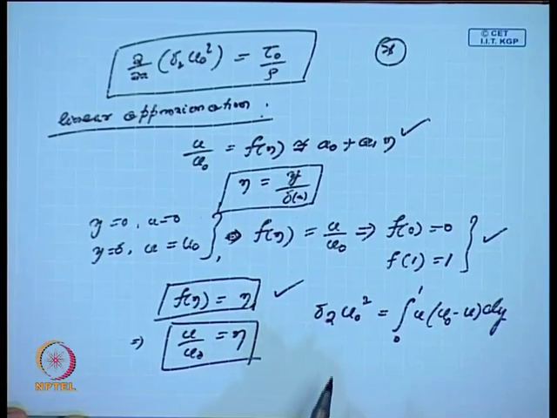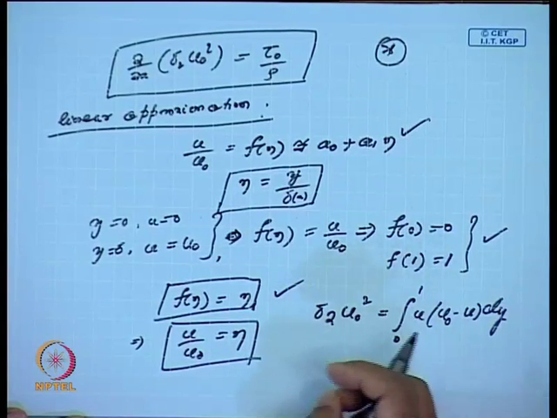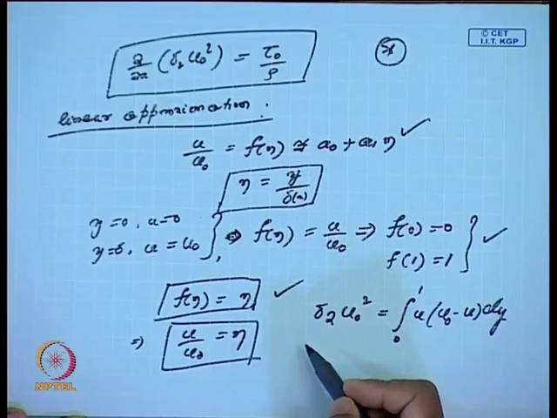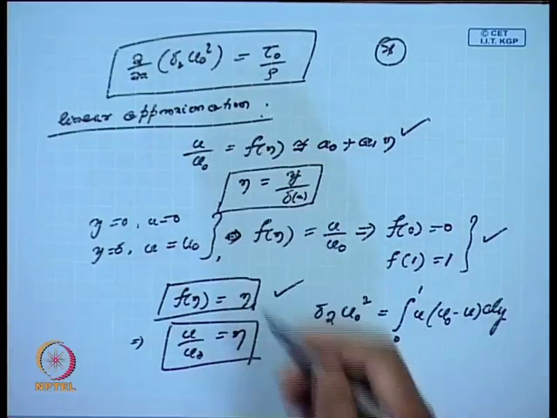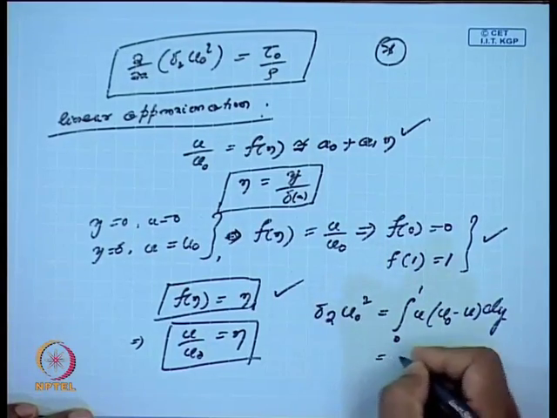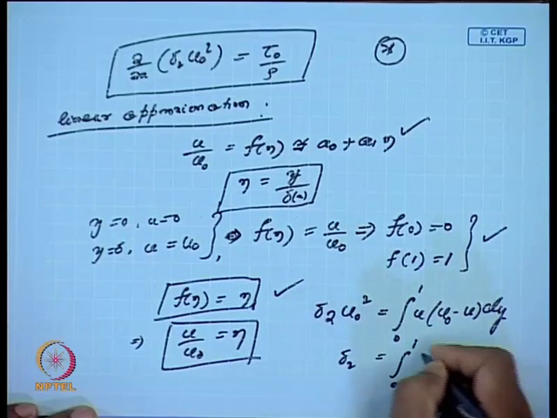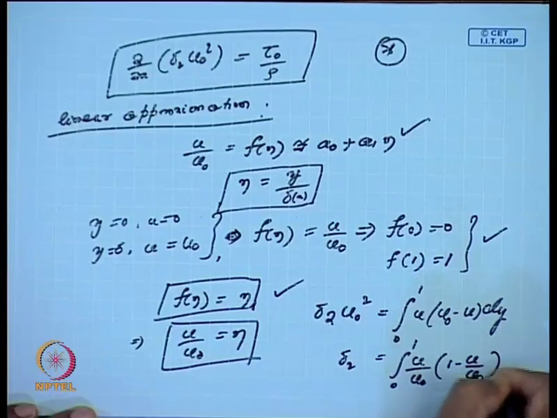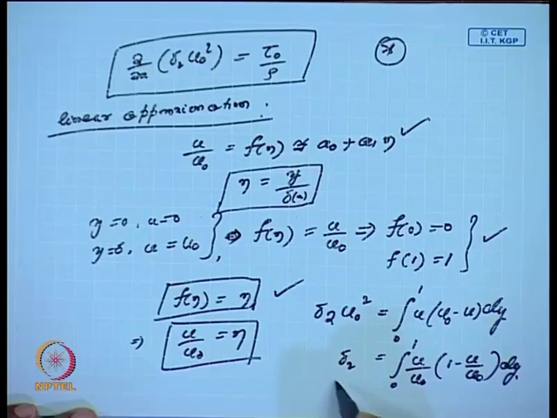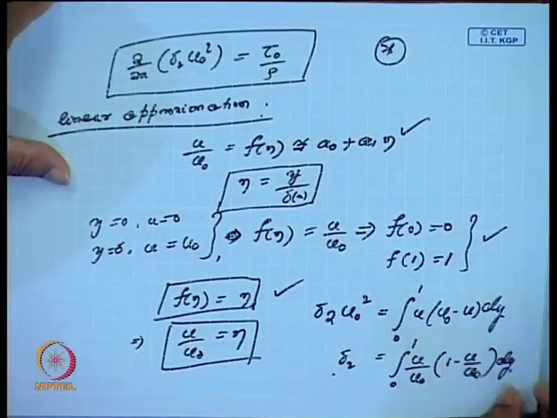Now if I call it delta 2, this becomes the integral from 0 to 1 of u by u naught into (1 minus u by u naught) dy.